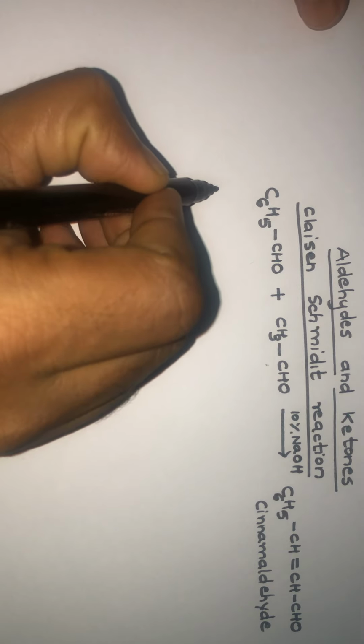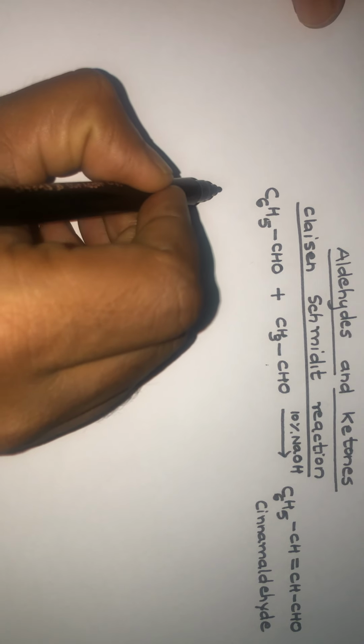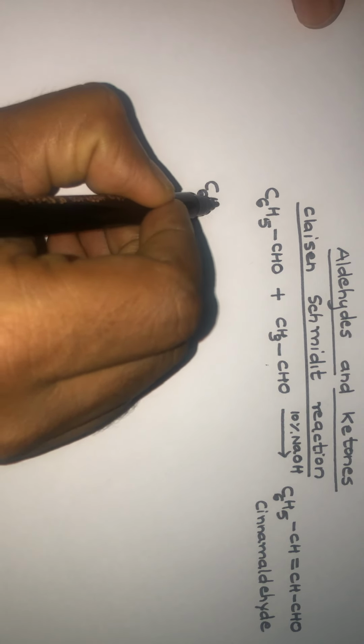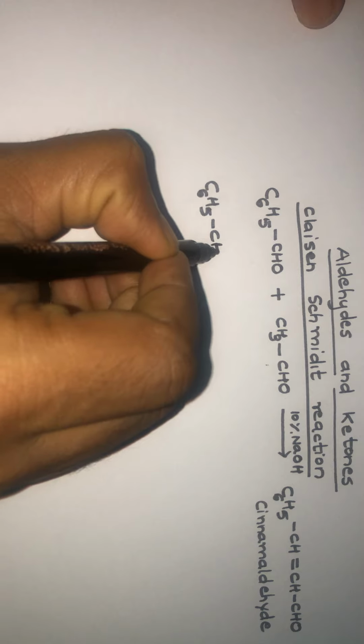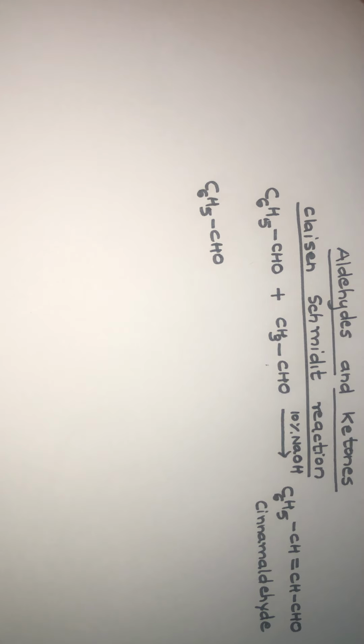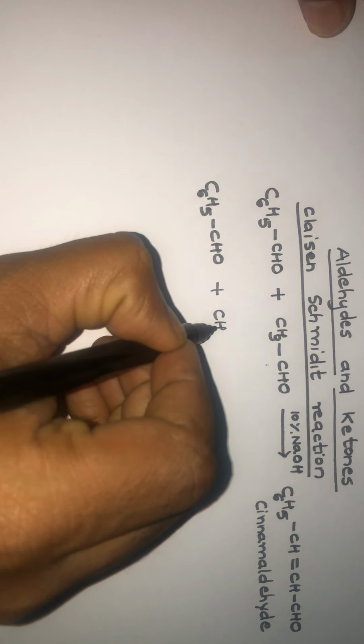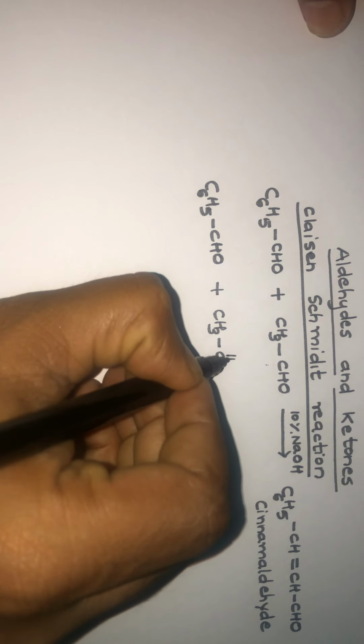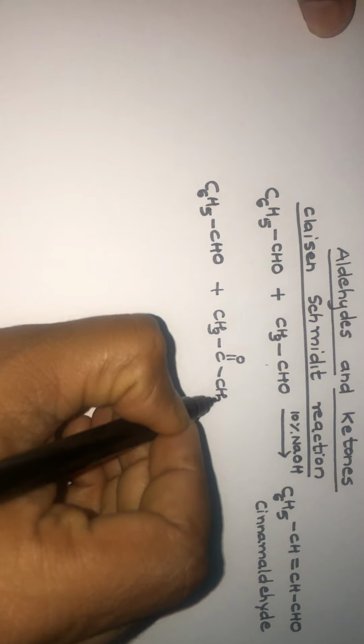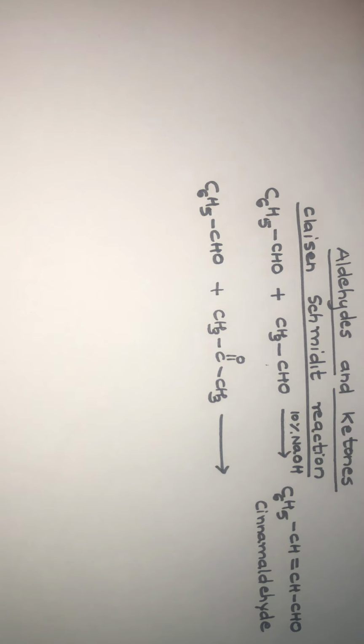Take the same molecule, an aromatic aldehyde C6H5CHO, and treat it with a ketone under the same condition, that is 10% NaOH.